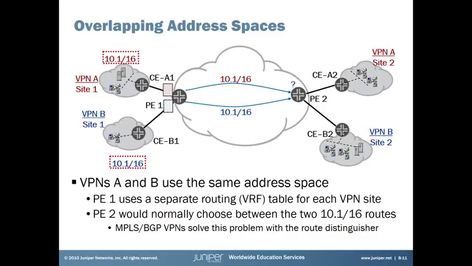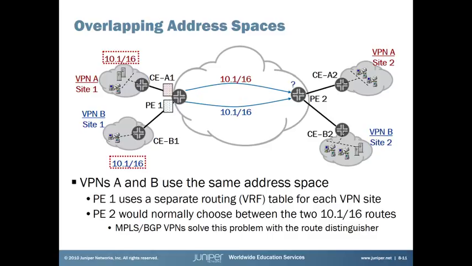They're using the 10.1/16 addressing scheme, just by pure coincidence, in their particular networks. Alright, well, we've got a problem, in that we potentially have exactly the same routes being sent across our provider network.